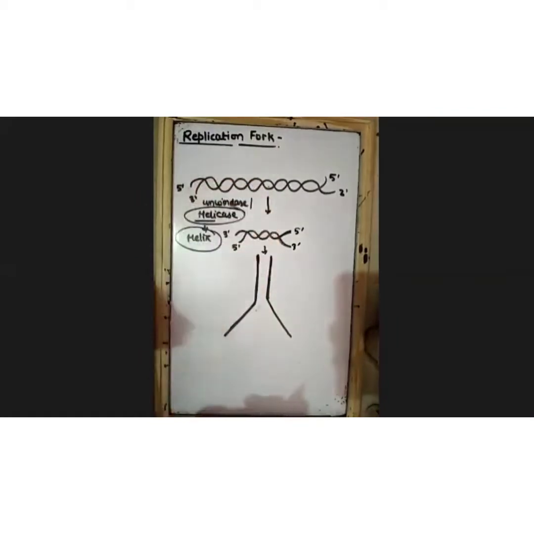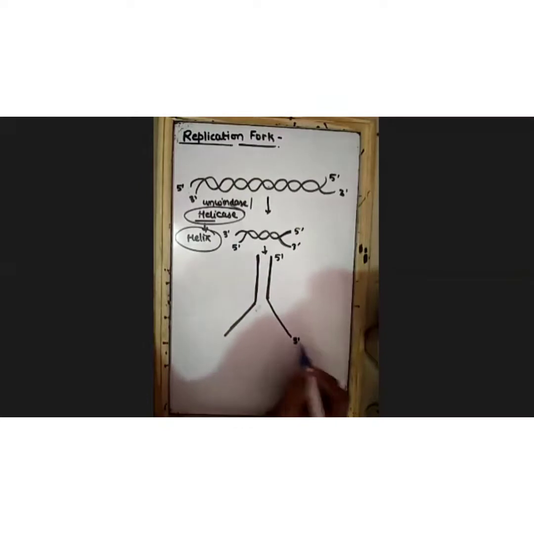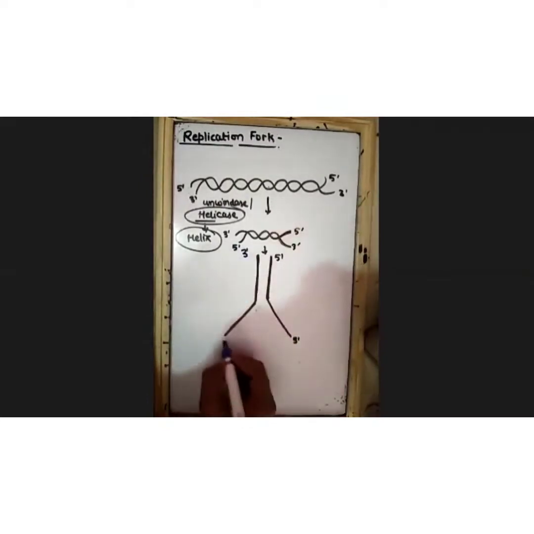So you can see here it is the replication fork. Now it will have the polarity 5 prime to 3 prime, 3 prime to 5 prime.